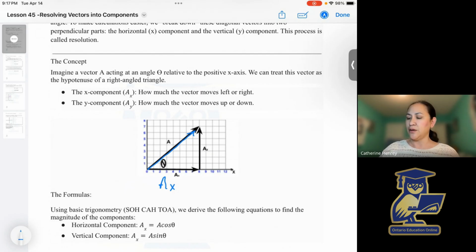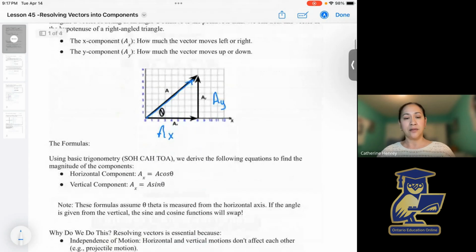The other component, in the vertical direction, is Ay, and that describes how much the vector moves up or down. Using basic trigonometry, like SOHCAHTOA, the trig ratios, we can derive the following equations to find the magnitudes of the components.